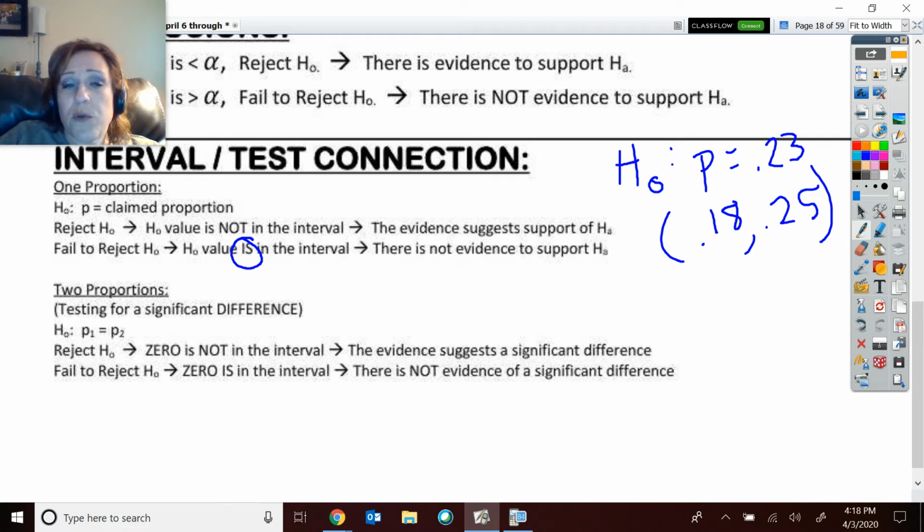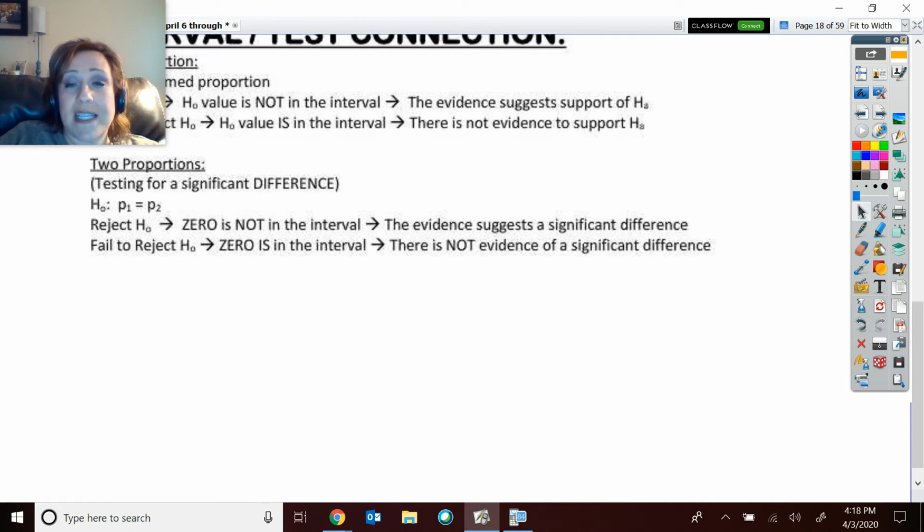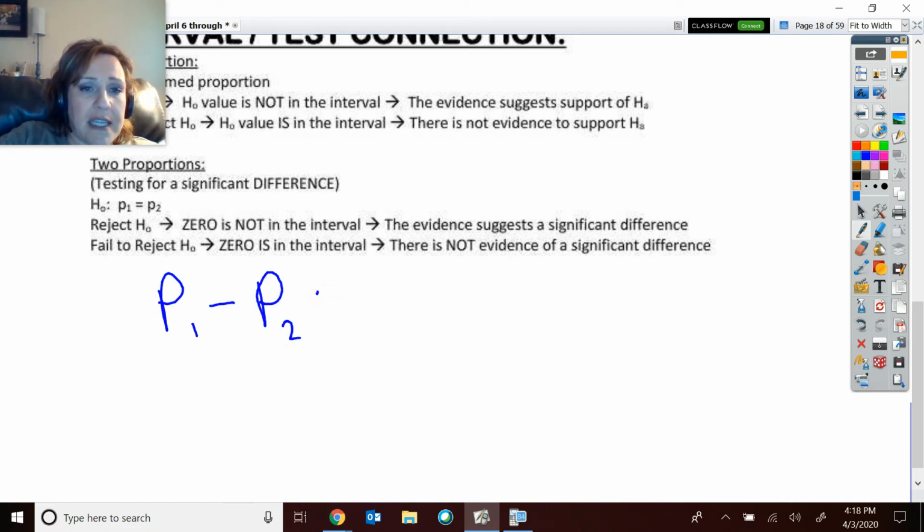Now, remember this, whenever we are doing a test for two proportions, let's talk about what's happening with that. We end up making our interval like this. We're saying, okay, I'm subtracting, and then here's the interval that I get, okay?